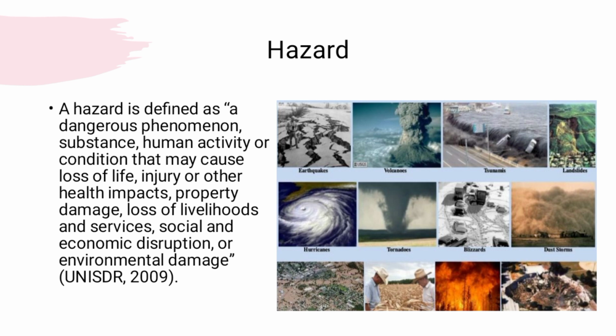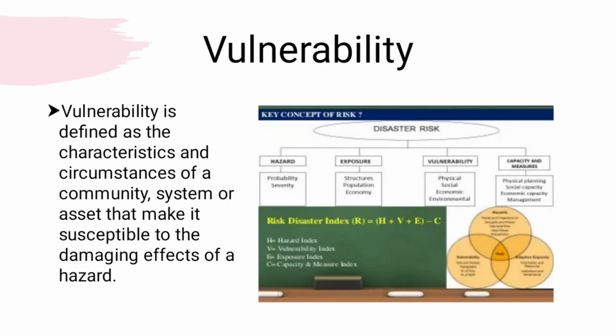Hazard is defined as a dangerous phenomenon, substance, human activity, or condition that may cause loss of life, injury, or other health impacts, property damage, loss of livelihoods and services, social and economic disruption, or environmental damage.